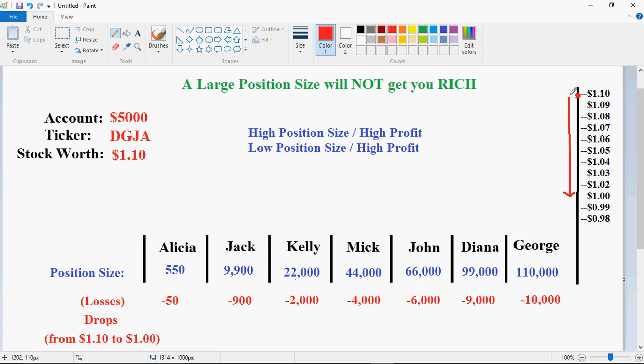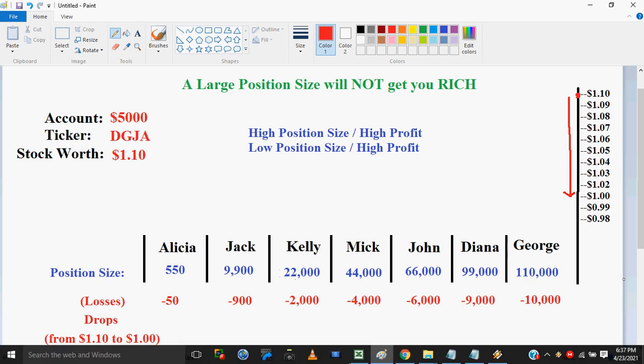Even if it goes down 20 cents, she can only be at a loss of $100. I like that. Now, stay with me. Beginners are asking, with a small position size, how can Alicia make a lot of money though? Let me show you. Stay with me.